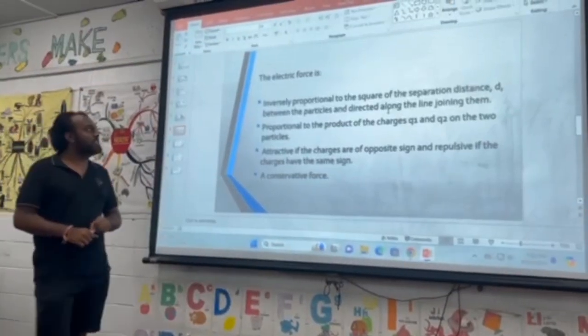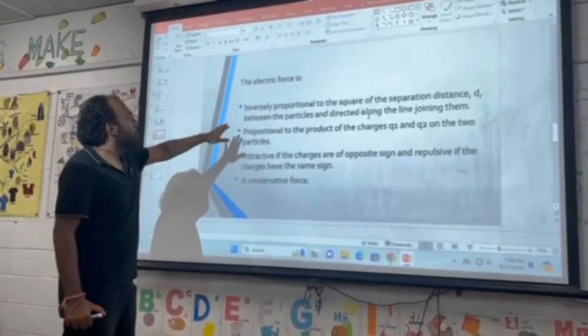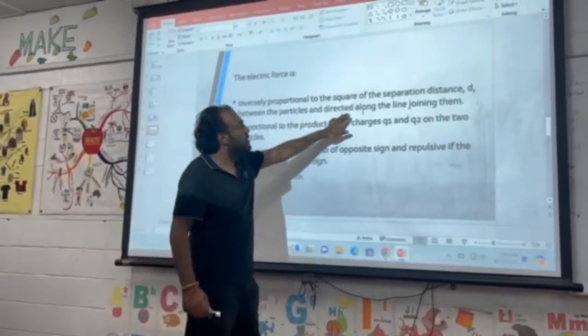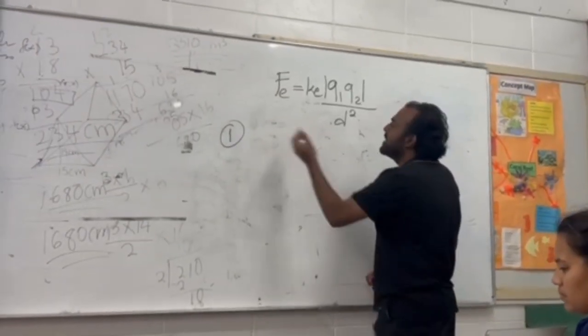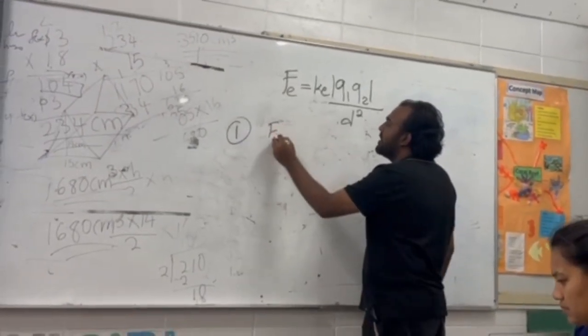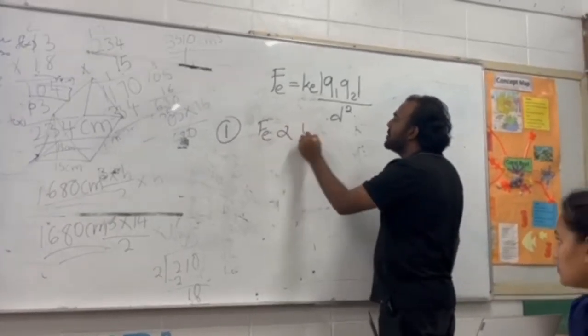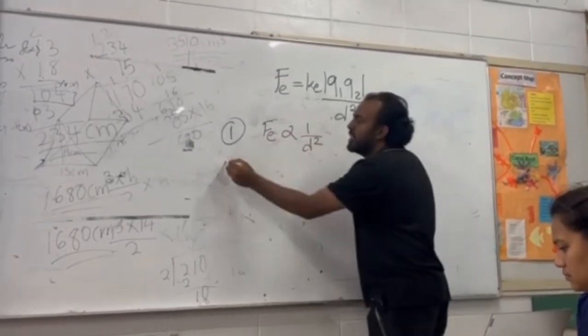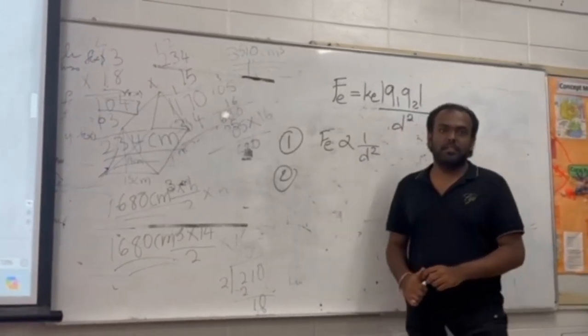Okay, now back to this. Inversely proportional to the square of the separation distance d between the particles and directed along the line. So that means that Fe is inversely proportional to d squared. Then this, can somebody read point number 2, please?